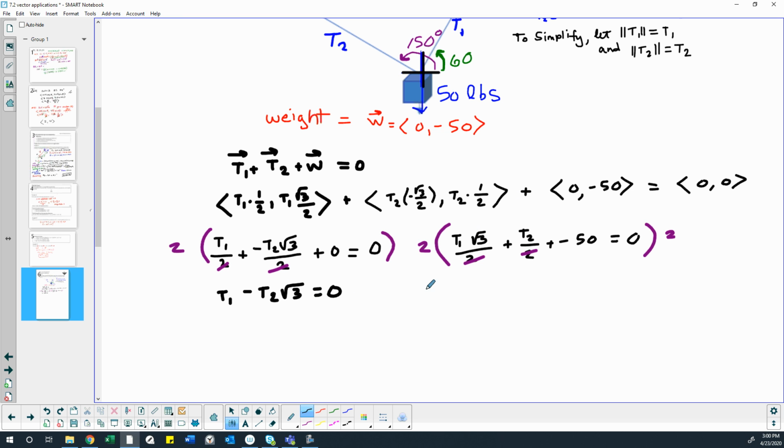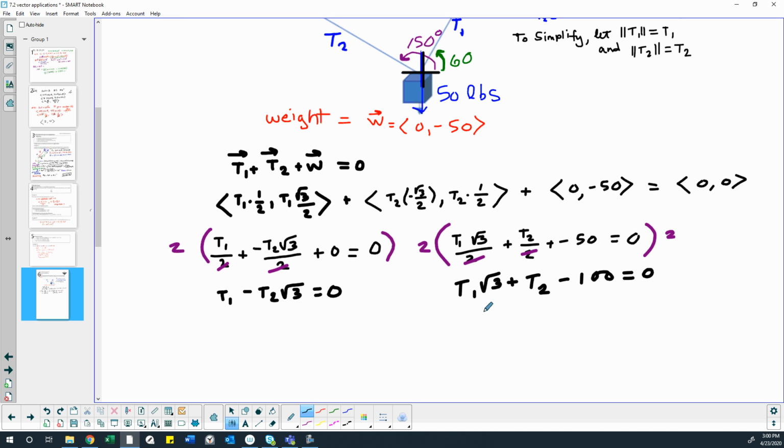Our other equation is, the 2 cancels out here, so we have t1 square root of 3 plus the 2's cancel, so t2. Now here there is no fraction canceling the 2, so we have to actually multiply the 2 by 100. So instead of adding negative 100, I'm just going to write minus 100 equals 0.